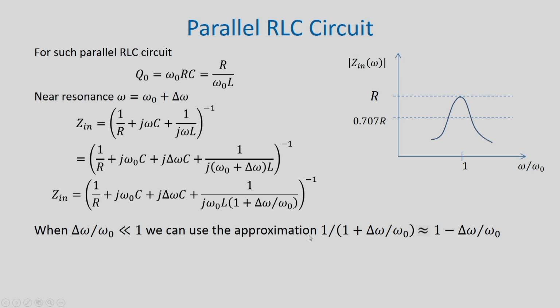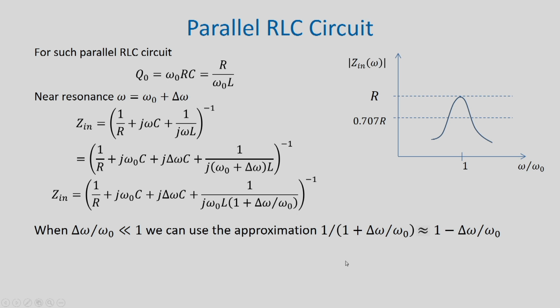So, this term 1 by 1 plus delta omega by omega naught can be approximated as 1 minus delta omega by omega naught.